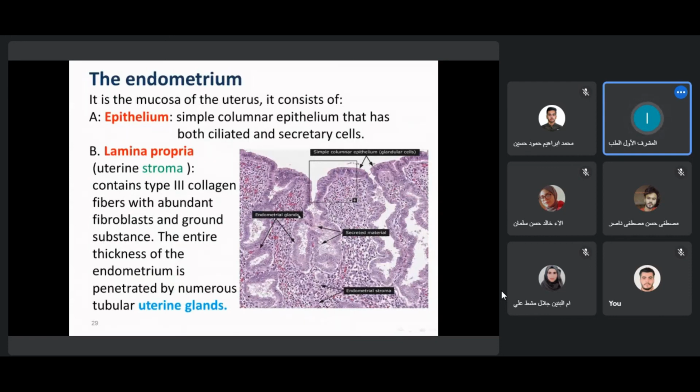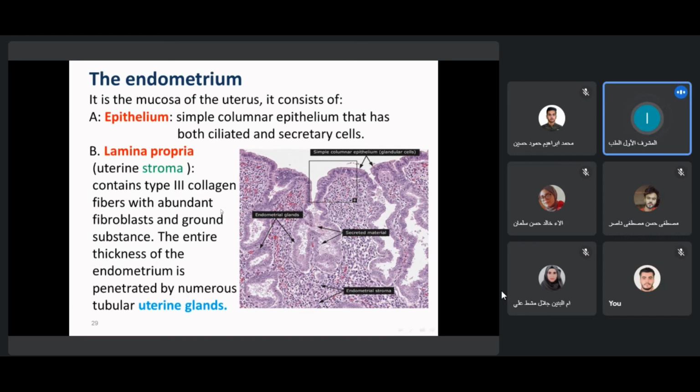You can see here the endometrium that consists of lining epithelium, and the type of epithelium here is the simple columnar epithelium, which has both ciliated and secretory cells. The underlying lamina propria, here called the uterine stroma, contains fibrous tissue, mainly type 3 collagen with abundant ground substance.